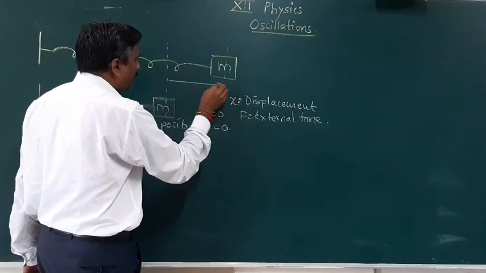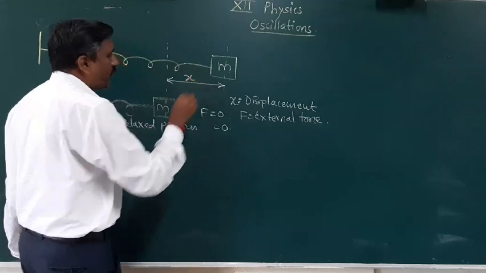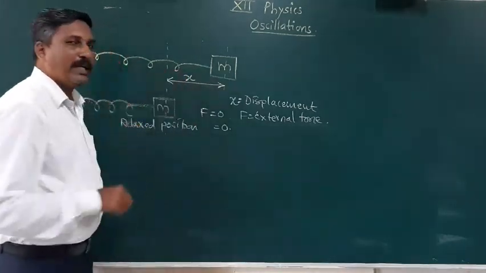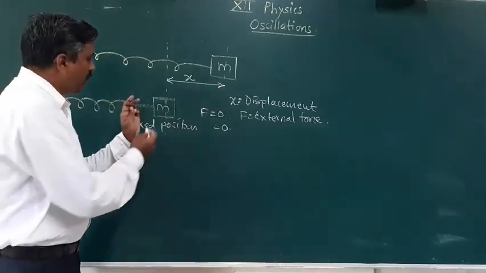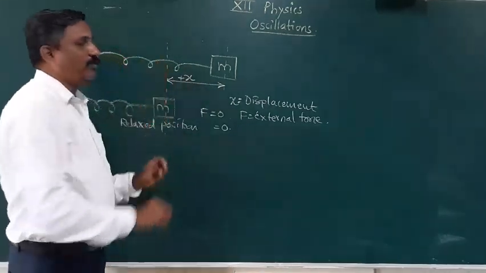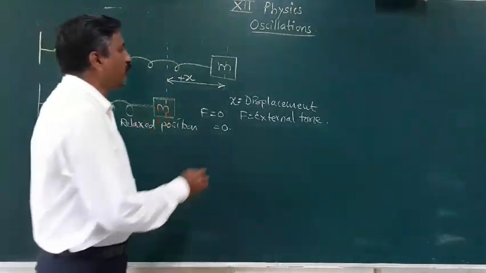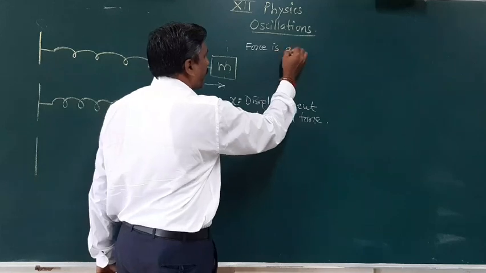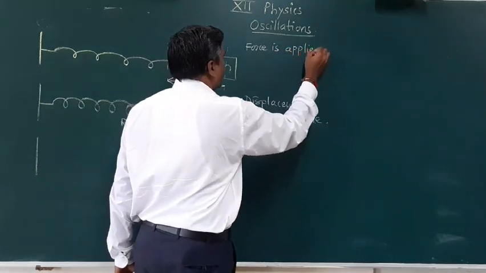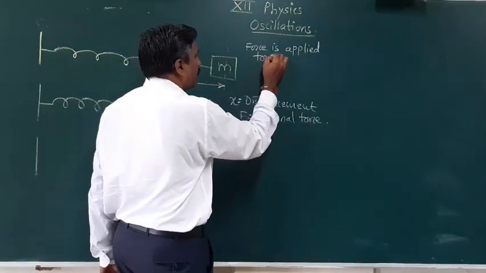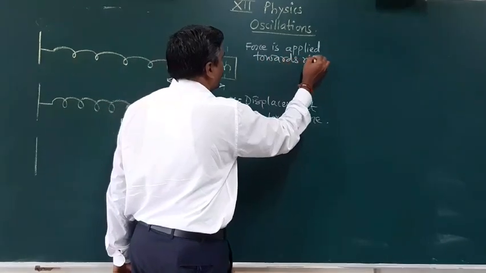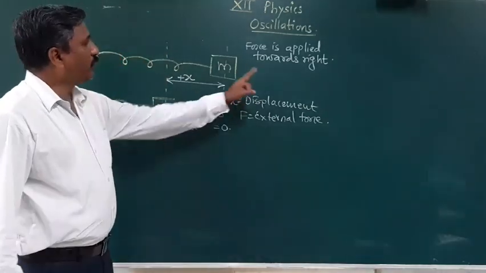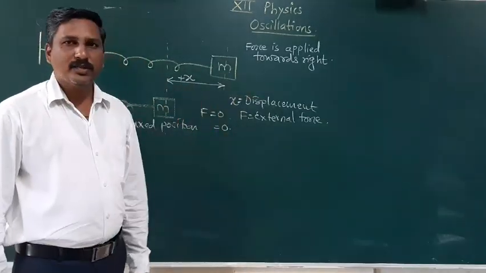At that time, the displacement of the spring is x. Is this displacement positive or negative? Let's see, it's positive. The external force is applied towards the right side, so when force is applied, the displacement is positive.